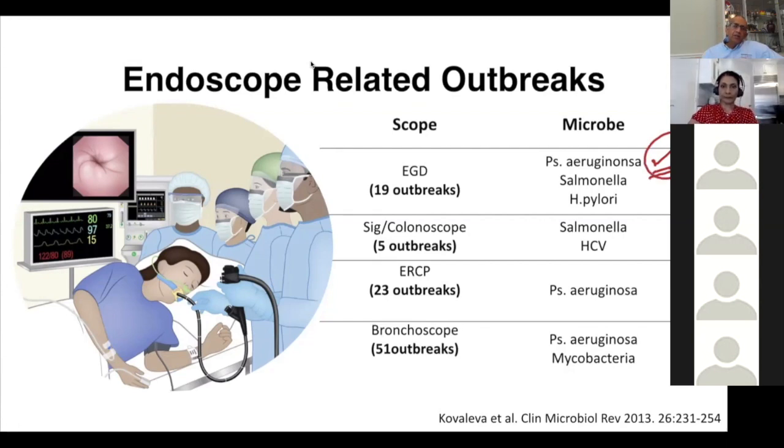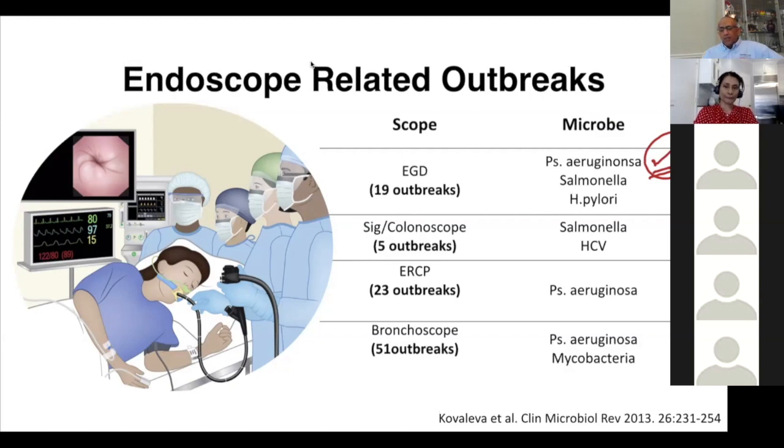They didn't know what to do. And this was because of the water bottle that is used for air-water insufflation, where they did not change the water, and the water became contaminated with Pseudomonas. Pseudomonas loves water, and that led to the first outbreak.